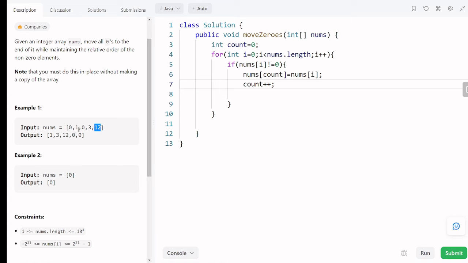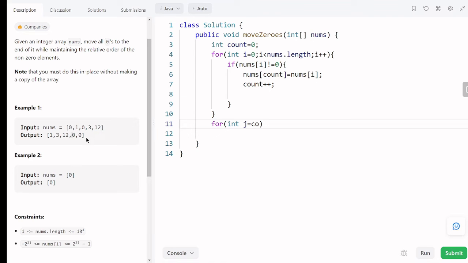Two numbers remain, 0 0, so I put them at the last. Then I use another loop: for integer j equals count. I start from count because I want to put the zeros after 12.